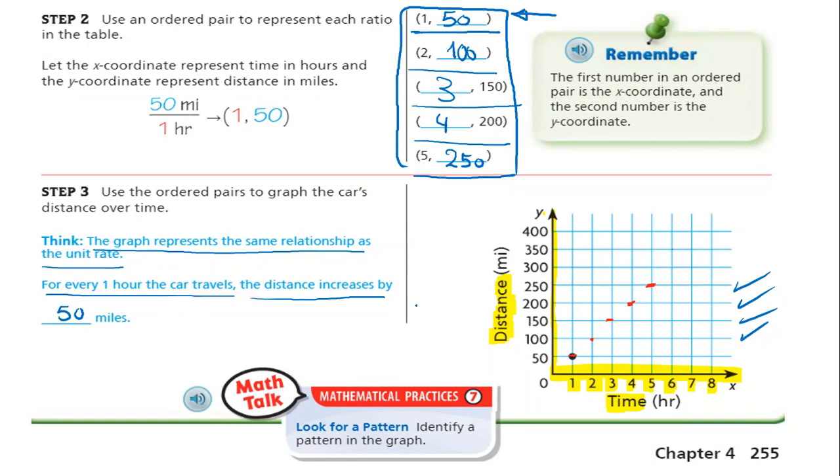If you want more, I have no problem. If I say 6 hours, what is the distance? 300. Good job, 300. So we need to write more equivalent ratios, and we can use equivalent ratios for graphing. Okay, good job, Ahmed. Thank you.